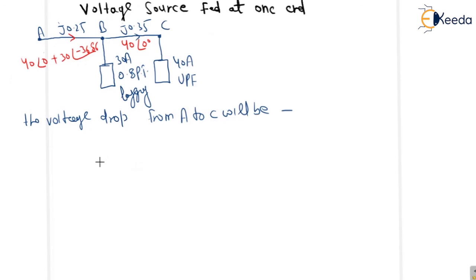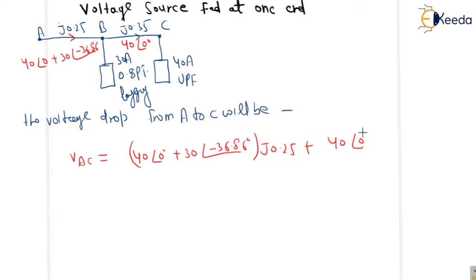So if you want to calculate the value of VAC, it will be equal to (40 at the angle of 0 plus 30 at the angle of minus 36.86) into j0.25, plus 40 at the angle of 0 into j0.35.